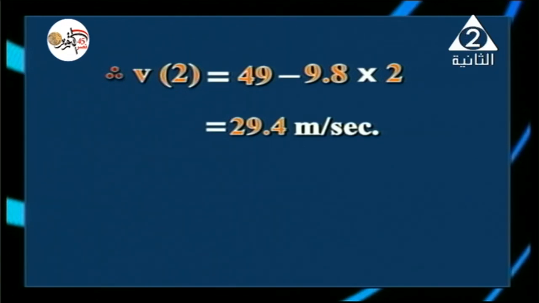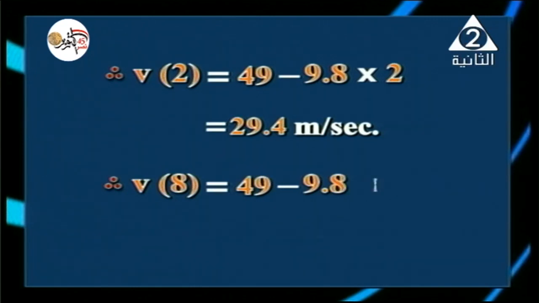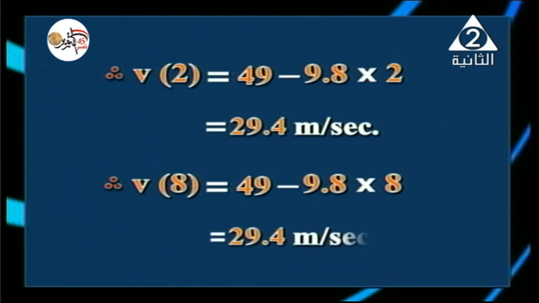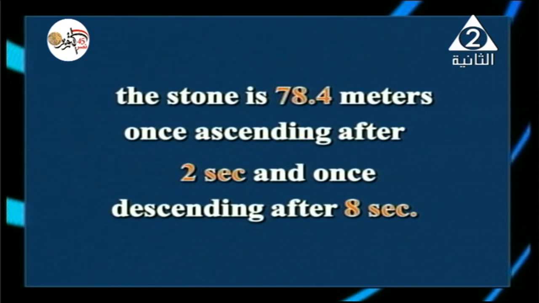But when t equals 8, velocity equals 49 minus 9.8 times 8, equals negative 29.4. My dear student, the stone is 78.4 meters high once ascending after 2 seconds and once descending after 8 seconds.